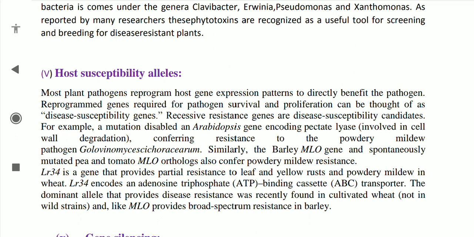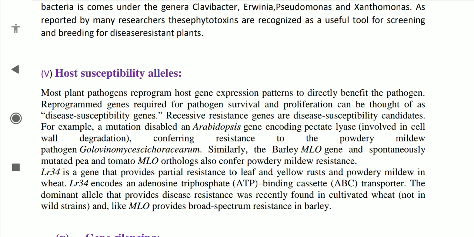Reprogrammed genes required for pathogen survival and proliferation can be thought of as disease susceptibility genes. Recessive resistance genes are disease susceptibility candidates. For example, a mutation disabling an Arabidopsis gene encoding pectate lyase, involved in cell wall degradation, confers resistance to the powdery mildew pathogen.